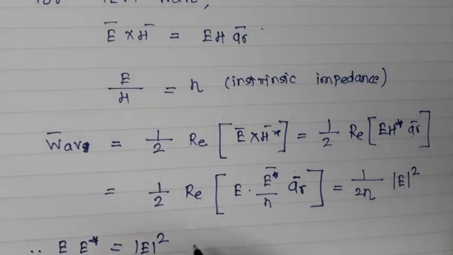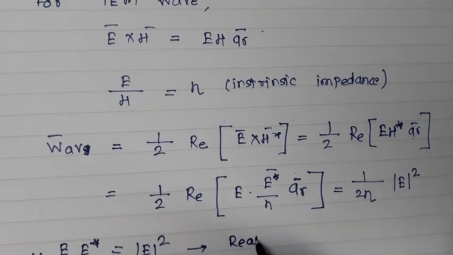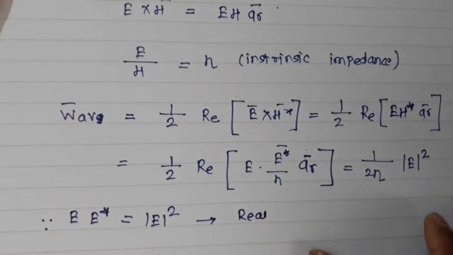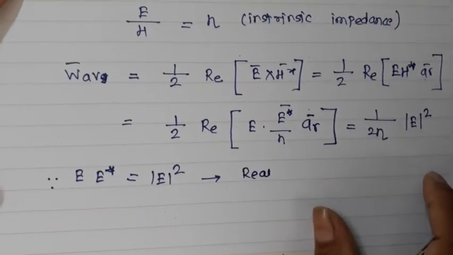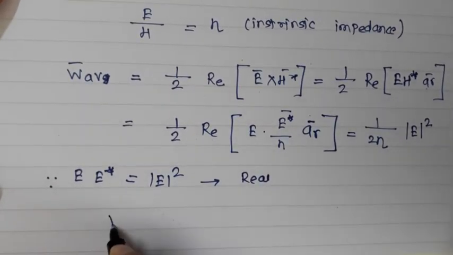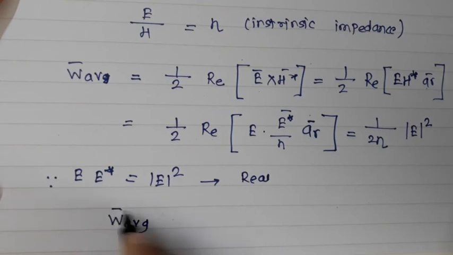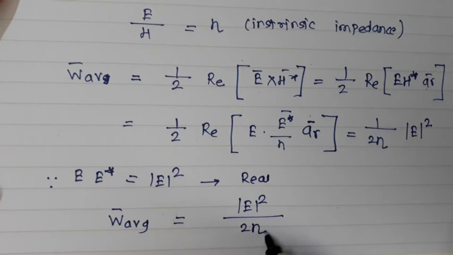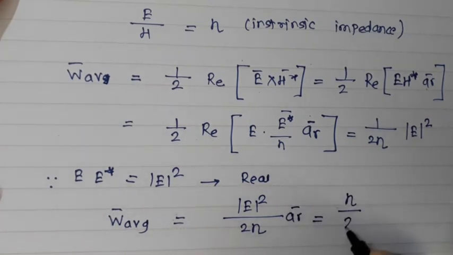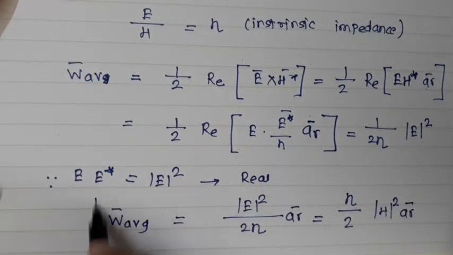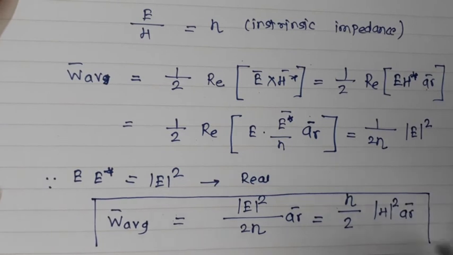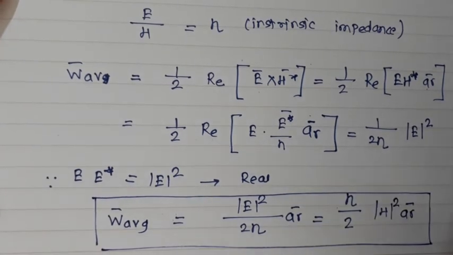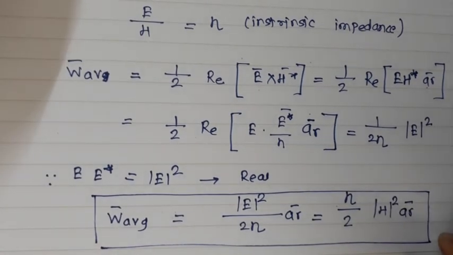After putting all these things together, W average is equal to mod E square divided by 2 eta a_r, which is nothing but eta by 2 mod H square. This is the W average which we have written over here.